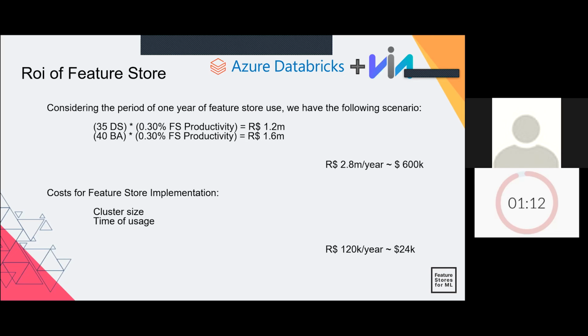And seeking new possibilities, we saw that business analysts have a great fit with the use of feature store. At this point, we decided to start using feature store in business analytics area projects. In this area, we have around 40 business analysts, and considering the same productivity increment of 30%, as we saw with data science, in a year we have 1.6 million reais of increment.